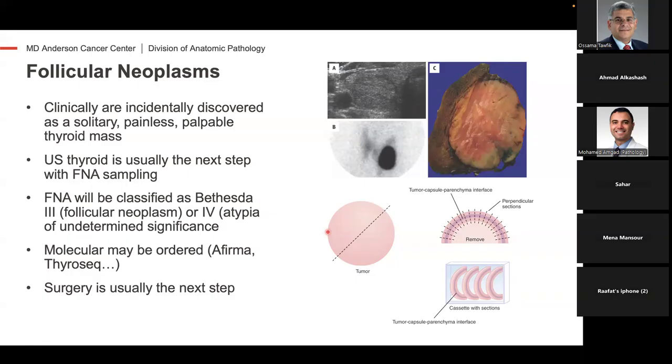These give you either a specific mutation, so it'll tell you there's a RAS mutation, a BRAF mutation, a RET mutation, or it will give you an idea about the chance of this tumor being malignant, right? And from there, the decision is usually to keep watching or do surgery. And that's where our role comes along, to diagnose these surgically removed lesions.